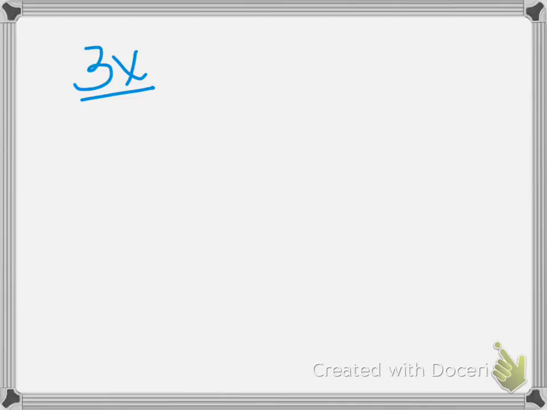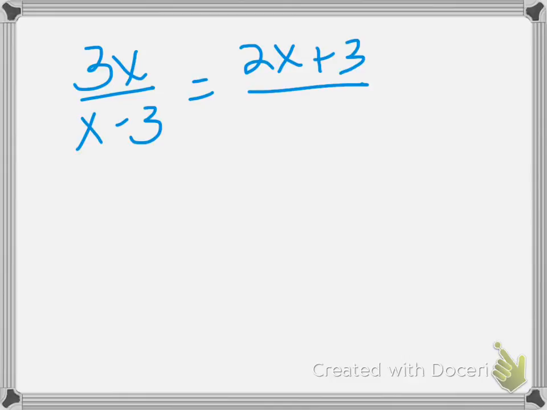3x over x minus 3 equals 2x plus 3 over x minus 3.